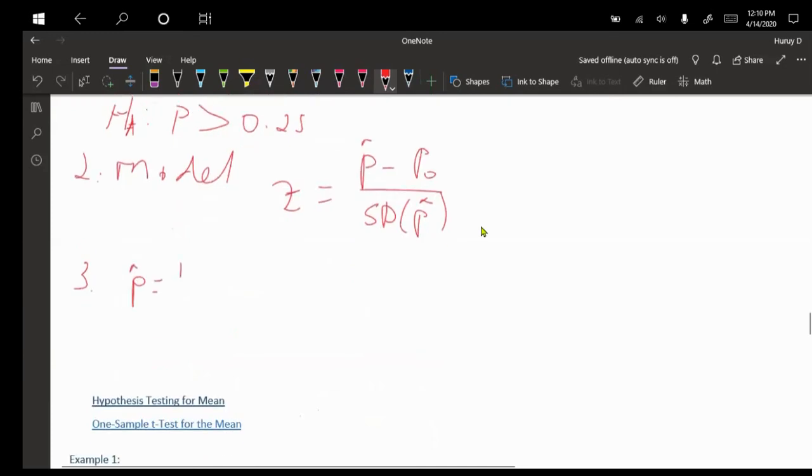So p hat is 125 over 400, and this value is 0.3125.